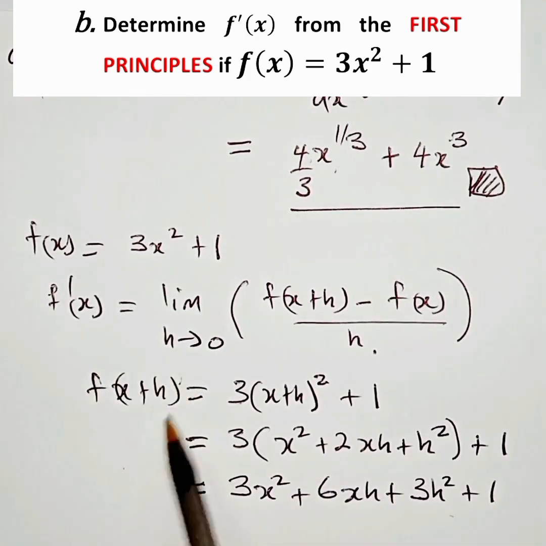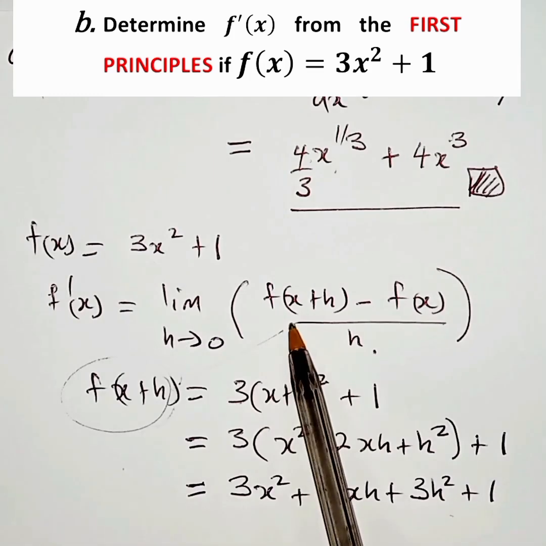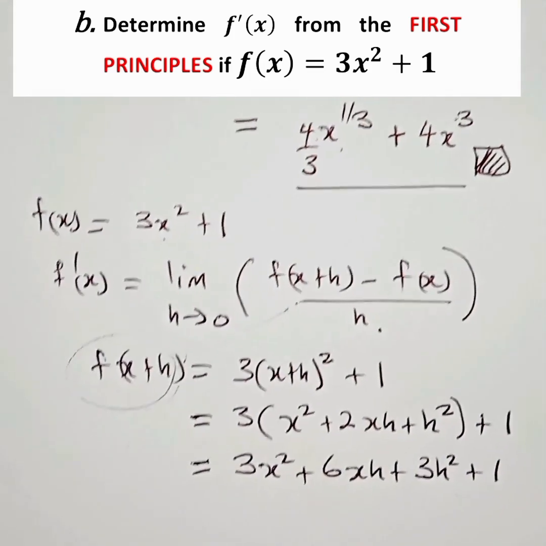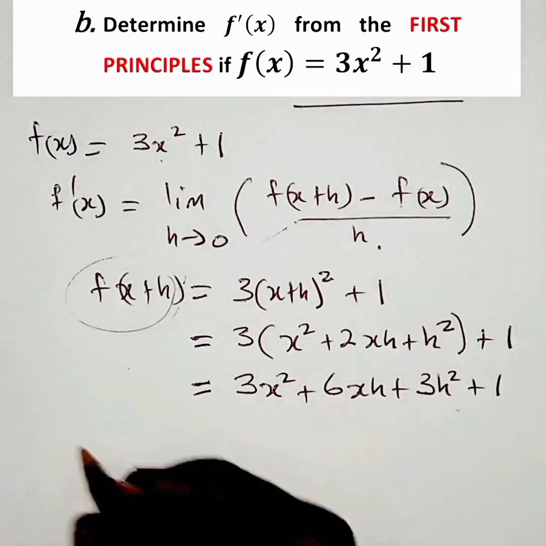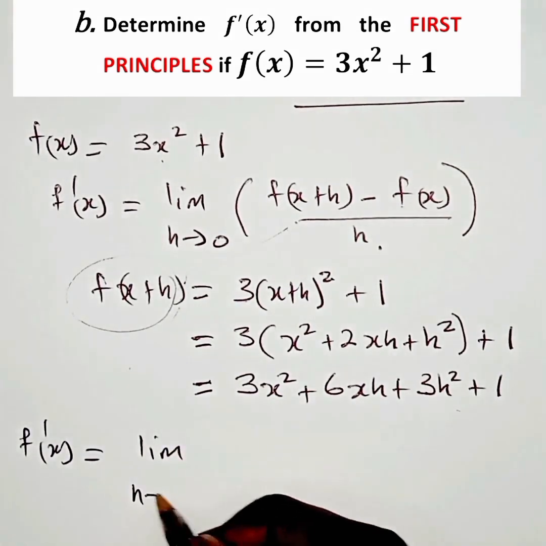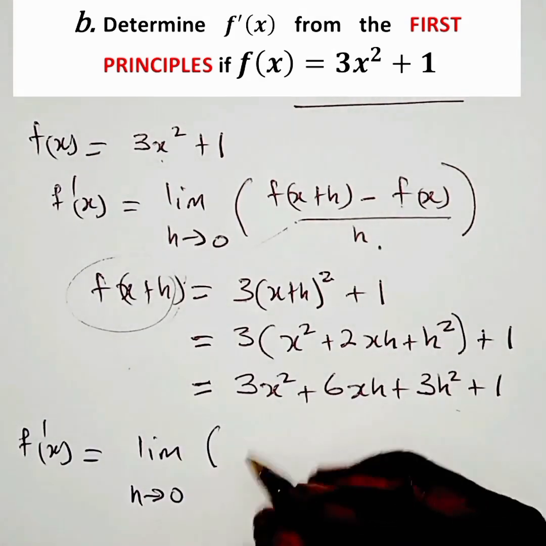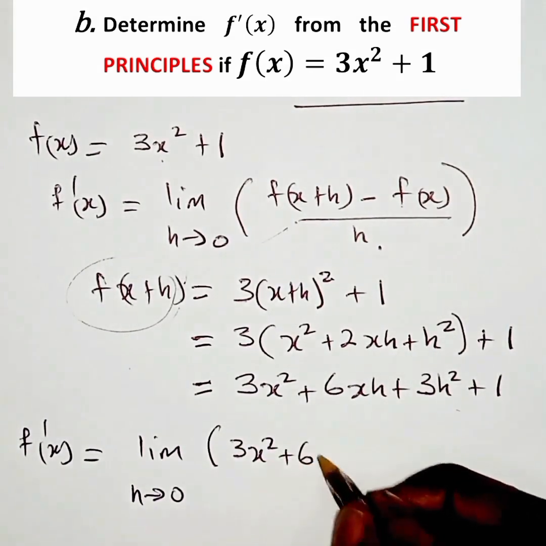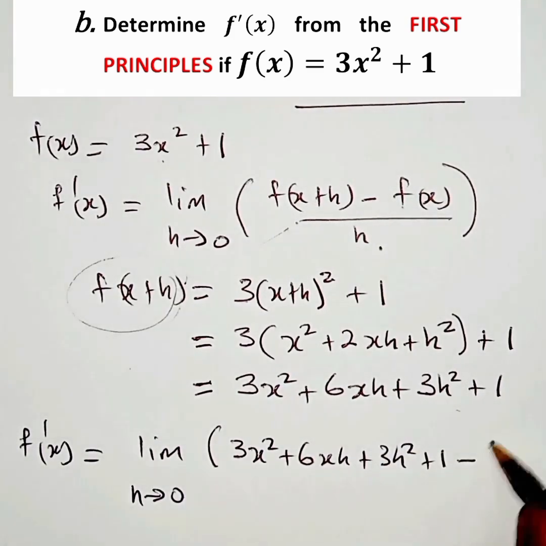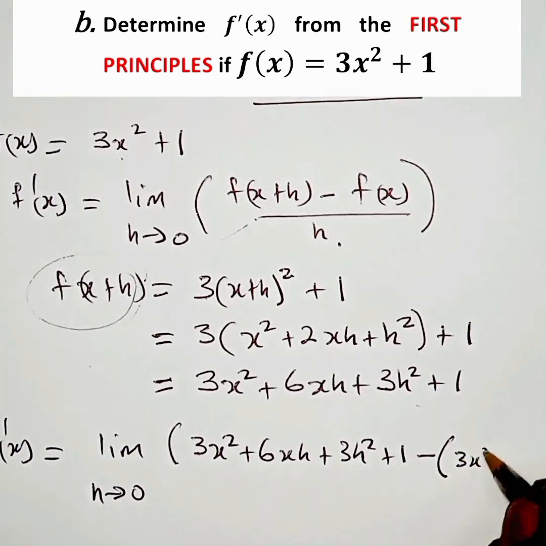So we are going to take that f(x plus h) into that. Okay, so that means we're taking that part into that, and you remember our f(x) is that. So we're going to put it there. All right, so we're going to say now f prime x is equal to the limit as h approaches 0. Then I'm going to put this, like that. So I will say 3x squared plus 6xh plus 3h squared plus 1, then minus f(x), which is 3x squared plus 1.